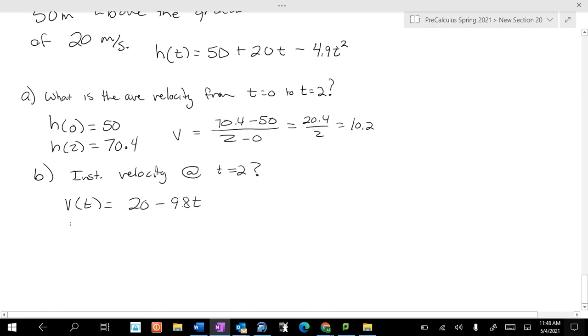You stick in 2 for that, so it's 20 minus 19.6, which equals 0.4 meters per second. This would be meters per second. Wait, 20 minus 9.8t is the first derivative. I'm about to fail this so bad.